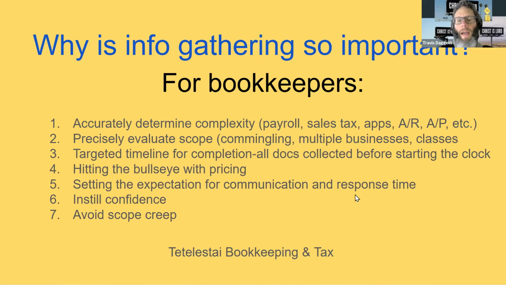So if you don't have all the information up front, then when the business owner provides information, that may provide complete additional workflows that you didn't even know about. For example, if you didn't ask up front about third-party merchants, and then they say, oh yeah, we use Stripe, we use Square, we use Venmo, we use PayPal, and now all of a sudden you have all these merchants that you're going to need to process.